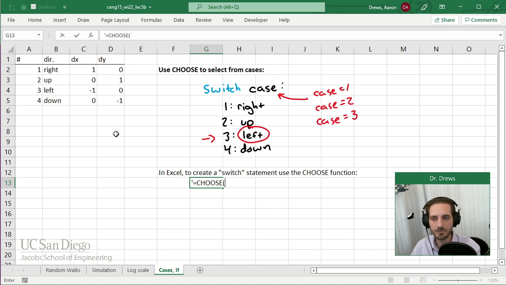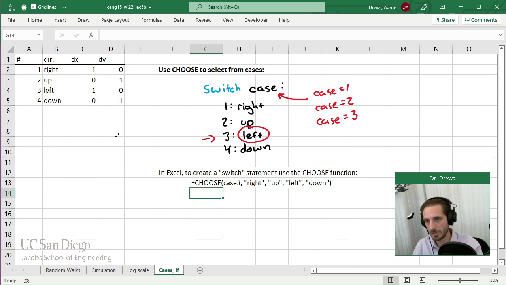We would give it what we would call the case number in this case, which is very similar to the index that we had used when we were indexing into something. But we would give it the case number, and then we would enumerate the different cases that we have. So the first case, if the case number is 1, is that we went right. If the case is 2, that means we went up. If the case is 3, then we went left. And if the case is 4, then we went down.